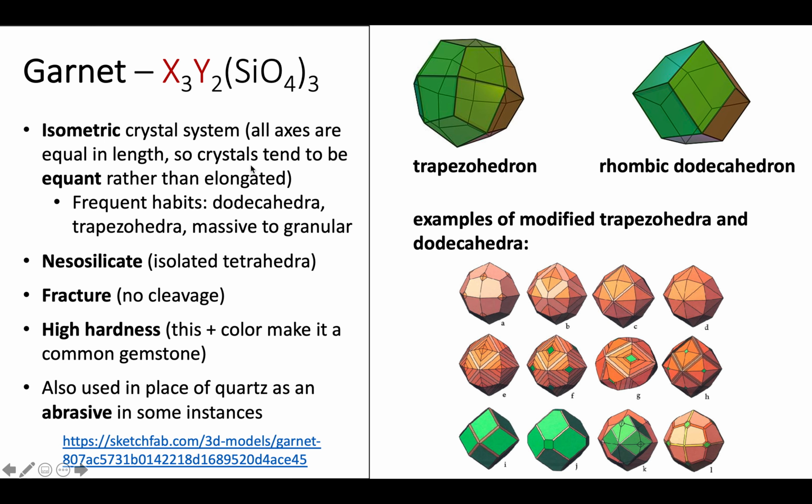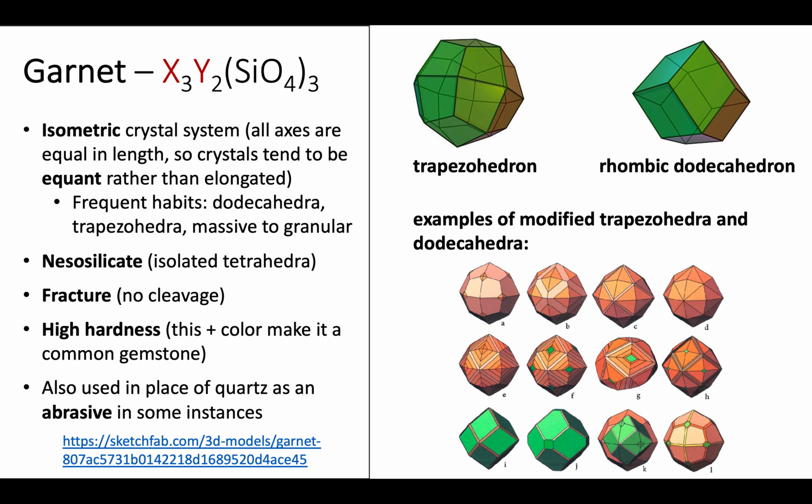And so you may have noticed from the formula for garnet, we have this SiO4 in parentheses. That's one of the benefits of writing the 3 outside the parentheses, is that it allows us to see what our silicate group is.